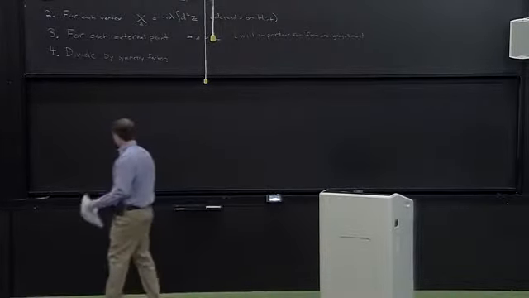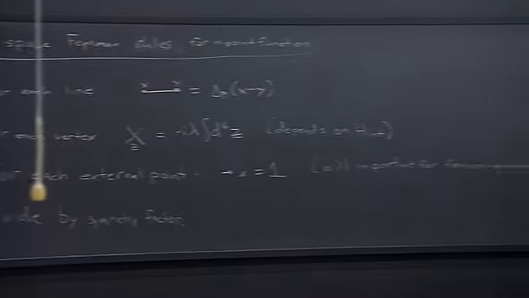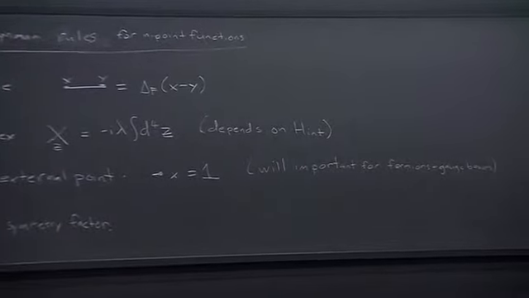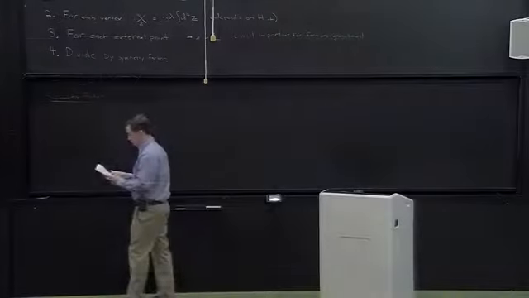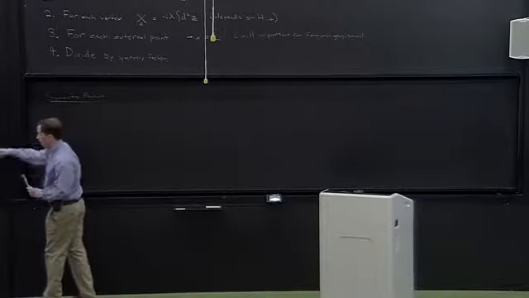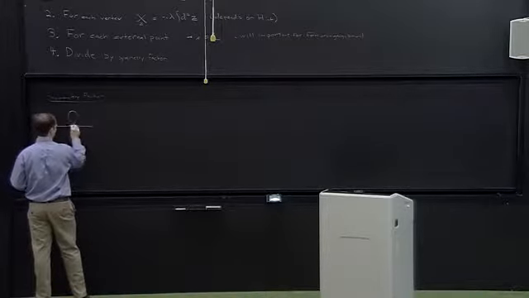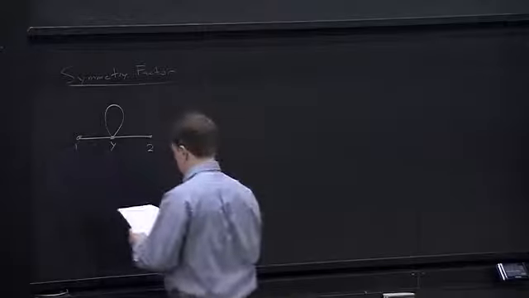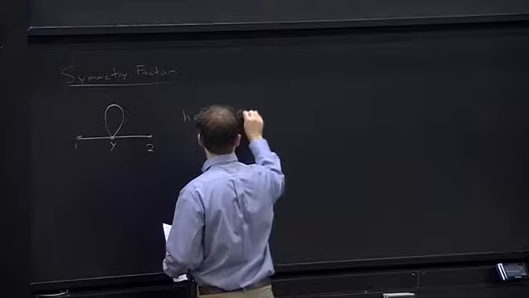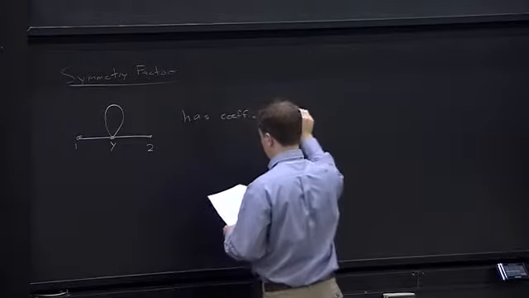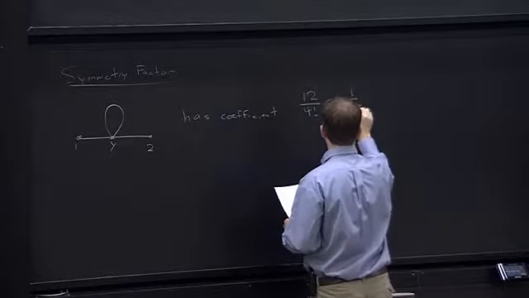Okay, so what do I mean by symmetry factor? Let's look at, say, the second diagram we considered there, this diagram. We saw that this has a coefficient of 12 over 4 factorial, which is 1/2.